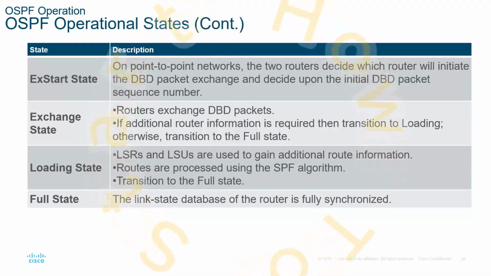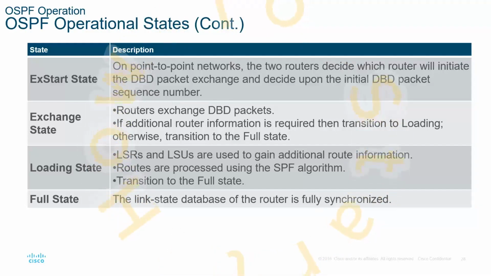They will then decide upon the initiating DBD packet and the sequence number, and then exchange information. So the routers exchanging the different database packets will be the exchange state. If additional routing information is required, they will transition to a loading state after the exchange. If the exchange doesn't need additional information, it will transition to a full state.